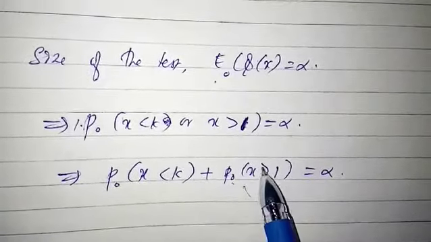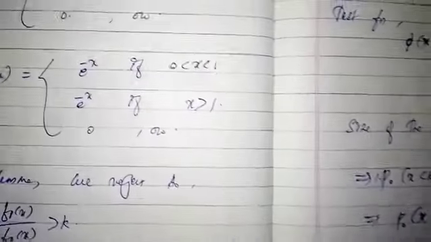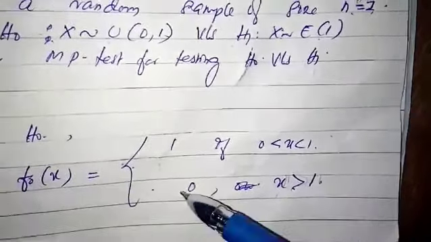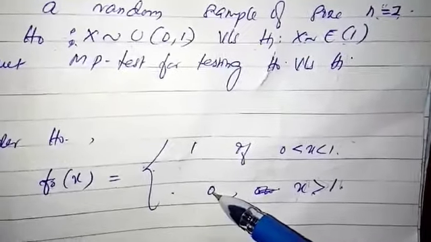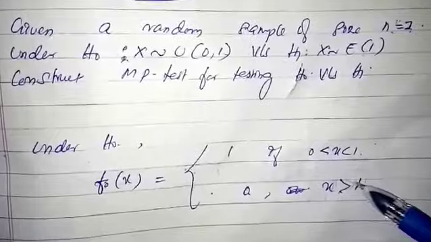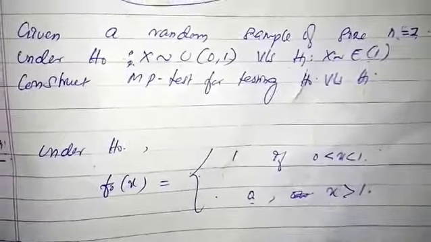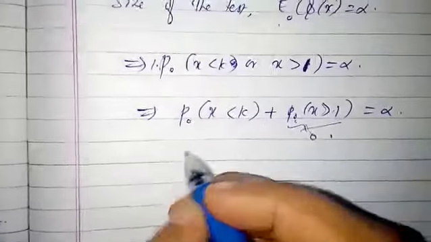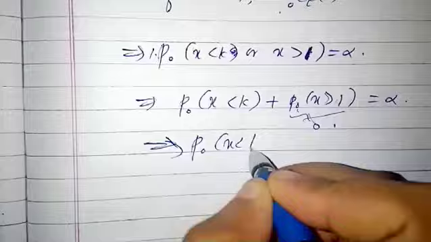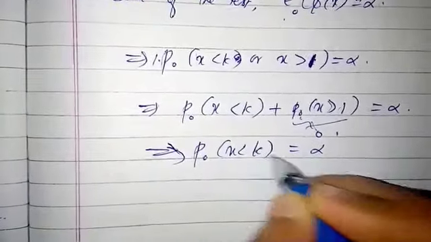Here, probability of x greater than 1 under H naught: we know that probability of x greater than 1 is 0, right? Under H naught the probability of x greater than 1 is 0. So this term is 0, which implies probability of x less than k equals alpha.